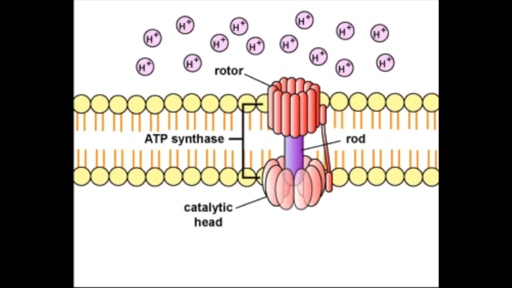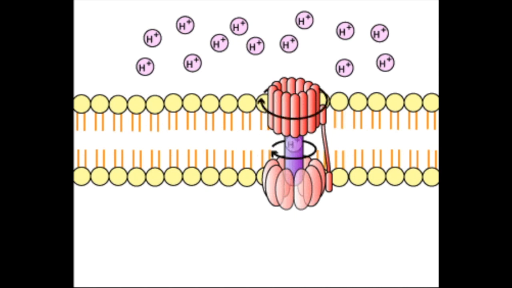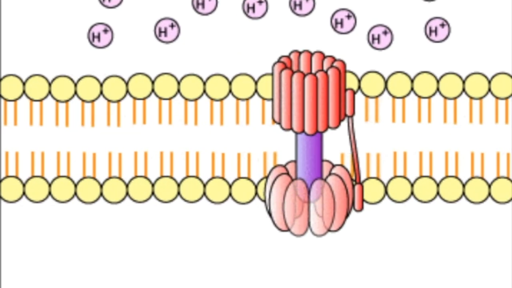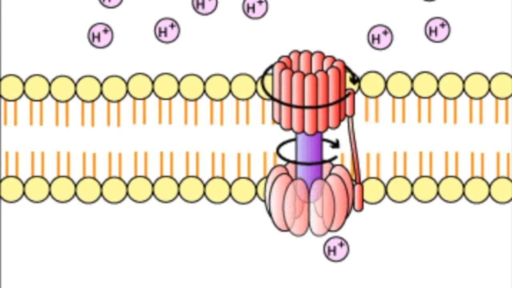The whole point of transferring electrons in this manner is to have more electrons in the matrix and fewer on the outside. The outside would be the intermembrane space, where there would be fewer electrons and more H positive.